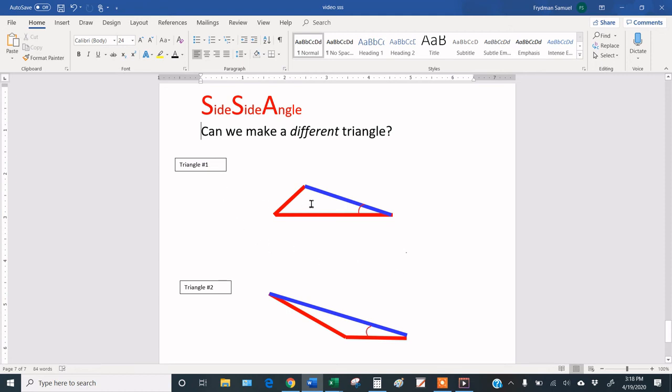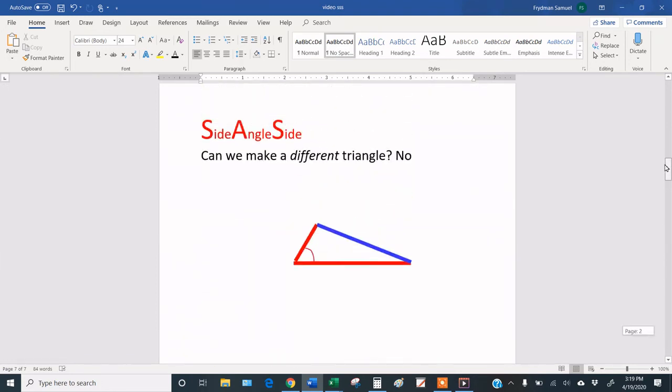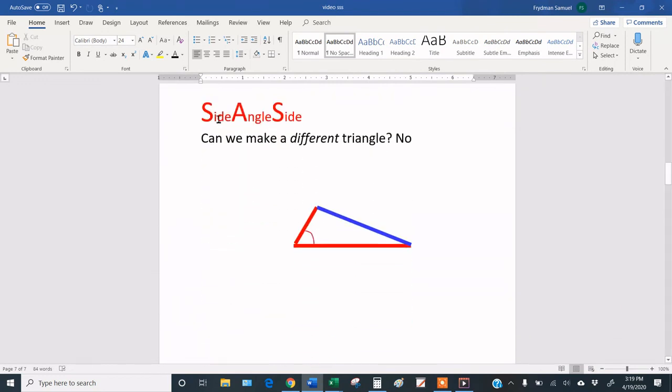So this triangle here, which I call triangle 1, and this triangle here, which I call triangle 2, these triangles are different to begin with. But for each one of them, we're going to be asking ourselves, can we make a different triangle? And it's also important to understand that SSA is not the same as one of the other conditions that we looked at, which was SAS.